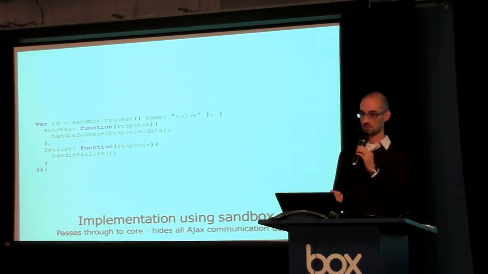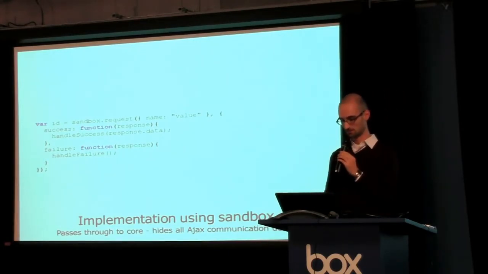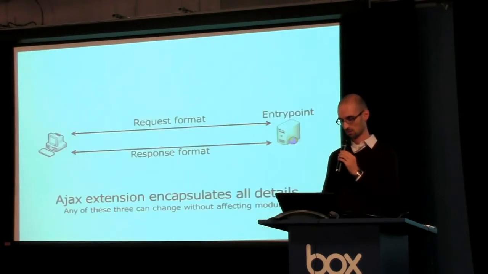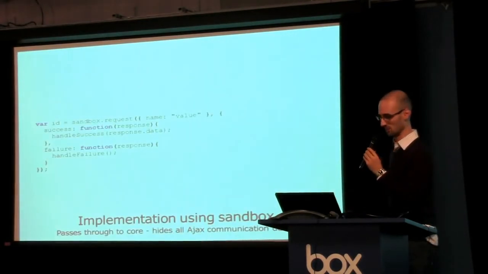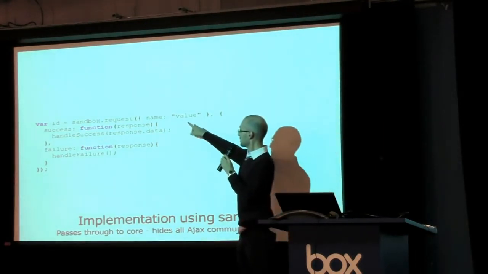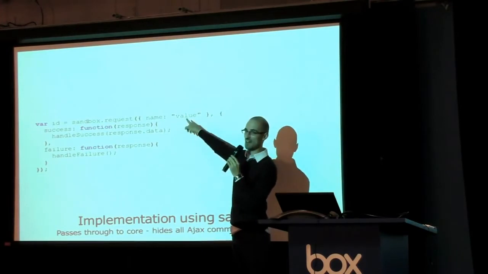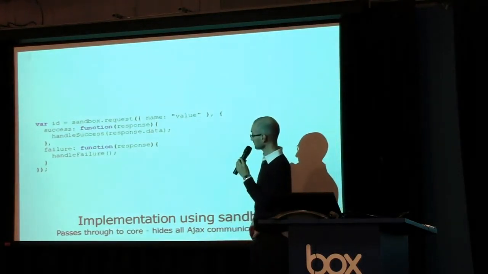Compare it to this. And so this is a very generic way of sending data. Now, I thought I had little pop-ups on this slide, but apparently I don't. So I would be the pop-up. So you have name value, and it's just generic. I'm passing data to the server.